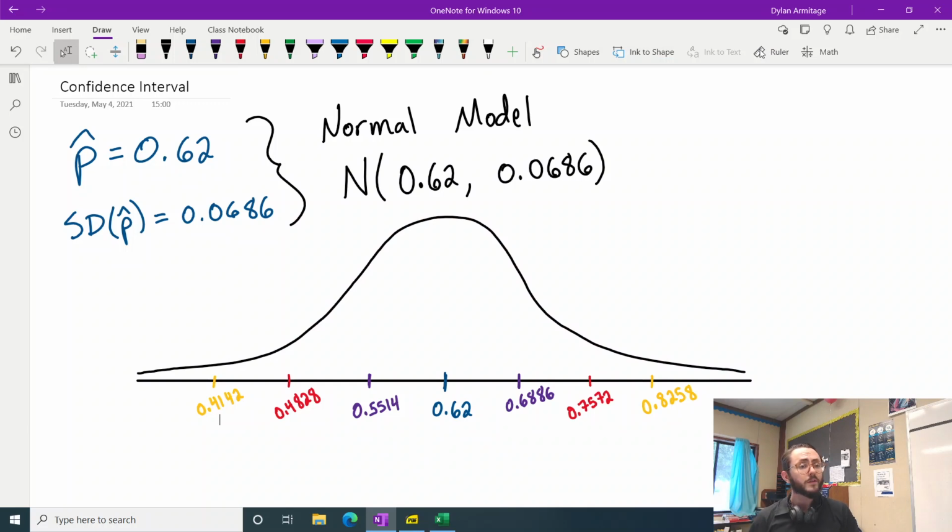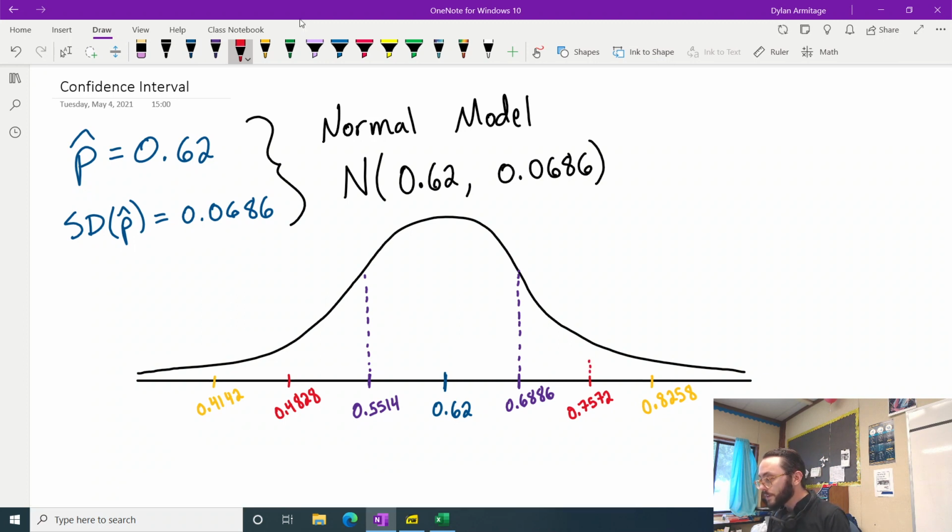Okay, so here is a normal model based on those two parameters. In the middle, we have our mean of 0.62. And then at one standard deviation above the mean, we have 0.6886, and below the mean, we have 0.5514.